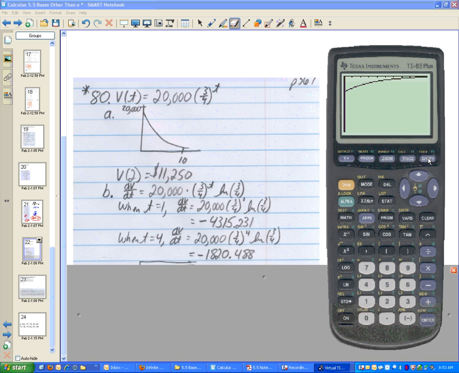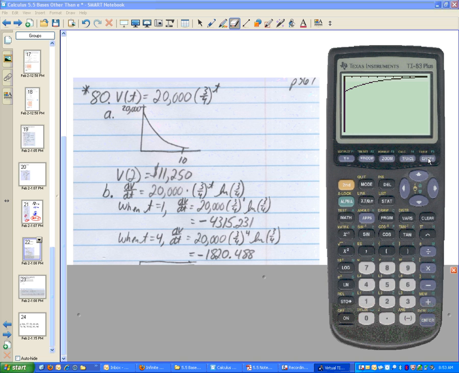All right, so what's the horizontal asymptote? Yeah, y equals 0. All right, now this is the rate of change. So the rate of change is negative, but it's increasing.